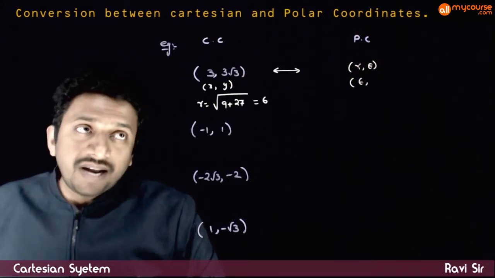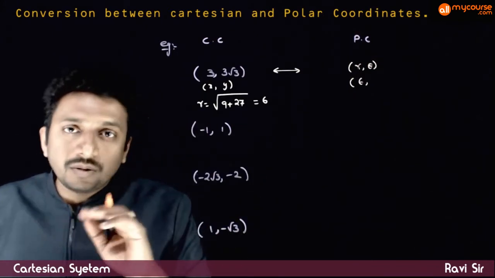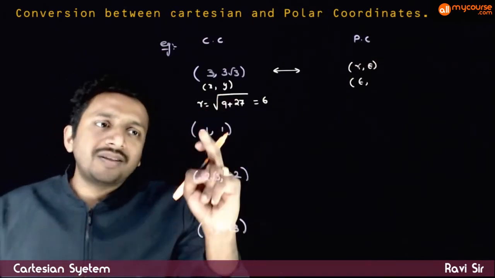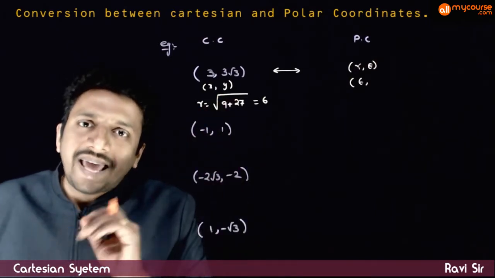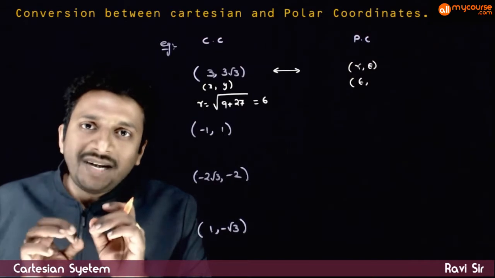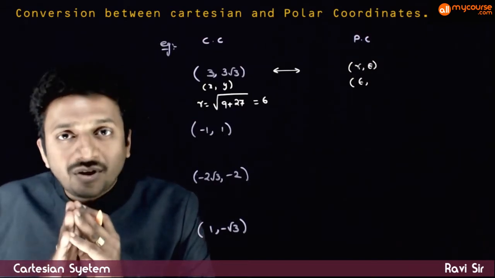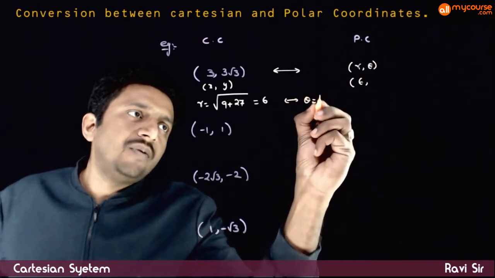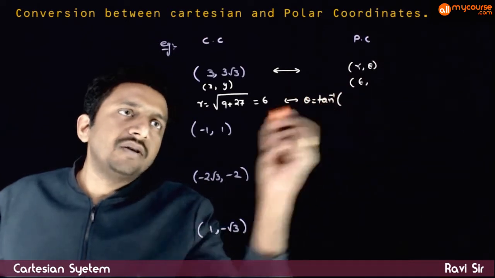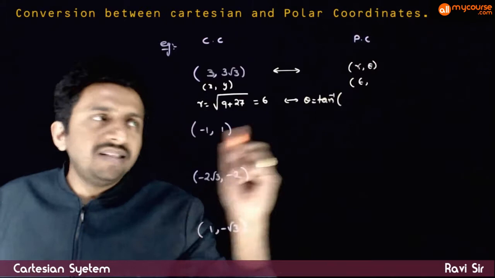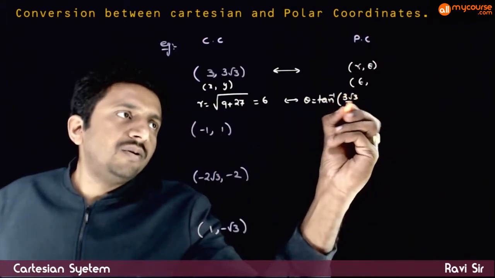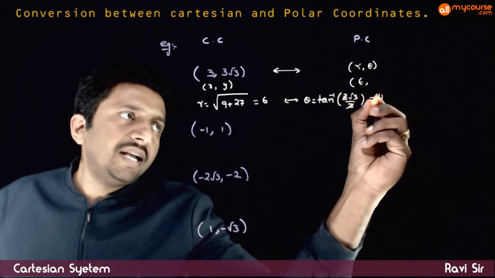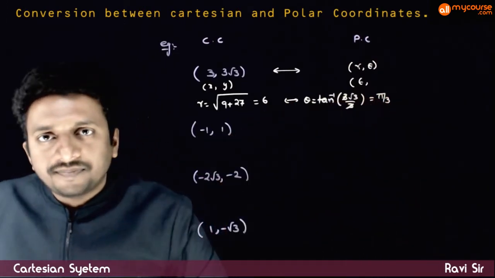Now you're asked to find the theta also. So theta is a two-step process. First, irrespective of what the signs of the x and y coordinates are, theta is equal to tan inverse of mod y by x. So theta is equal to tan inverse of 3 root 3 by 3. And tan inverse of root 3, you get an angle in the first quadrant.